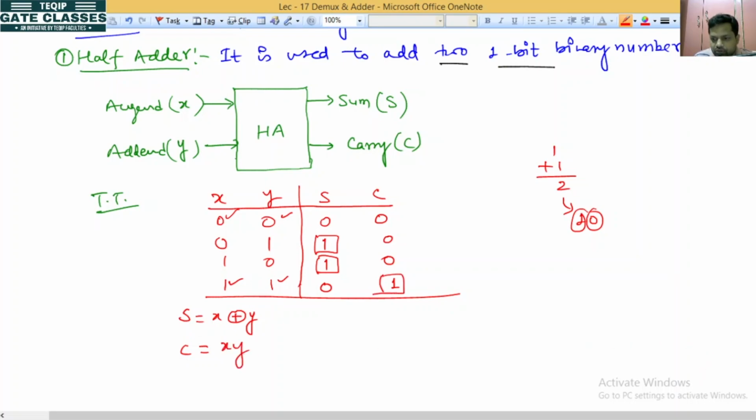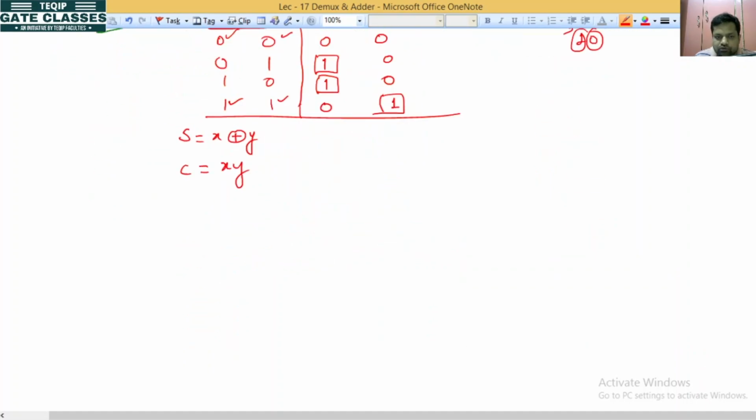Okay. Now if you want to implement half adder by using circuit, so we have XY, so it is X, this is Y. We have to add one XOR gate here.